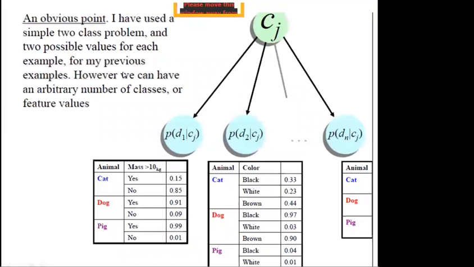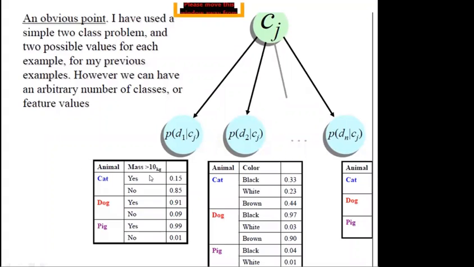See, that was a two class classification, male and female classification. If it is a three class classification, that is, I want to classify these animals, cat, dog, and pig, based on mass, color, height and so on, again you have to draw the table like this. Cat, if the mass is 10 kg, what is the probability?